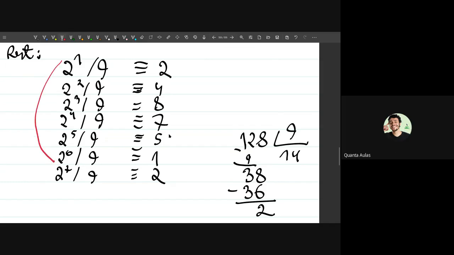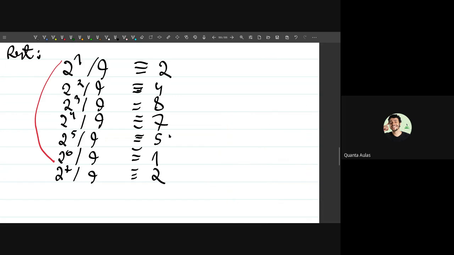So after the 6th term, we have a pattern. So we have a cycle, each 6 powers, right? Because if we do 2 to the power of 8, we have 4, and then 8.